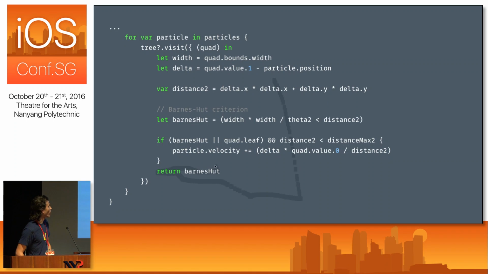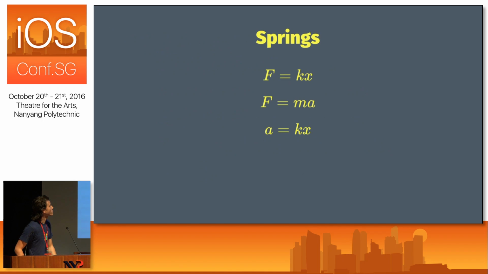The idea with this Barnes-Hut criterion is that if the node is sufficiently far away and sufficiently small, then we take the node, accelerate the particle based on its value, and return true, stopping right there. This makes a huge difference, and it doesn't decrease the quality of the simulation.